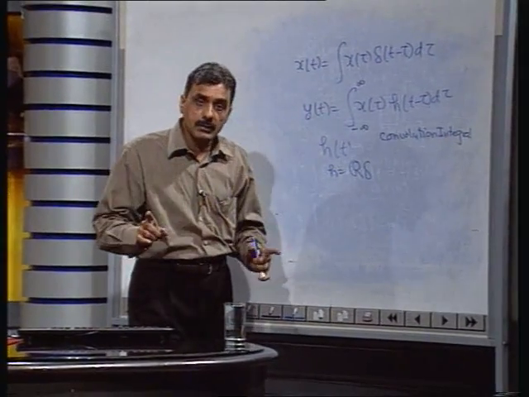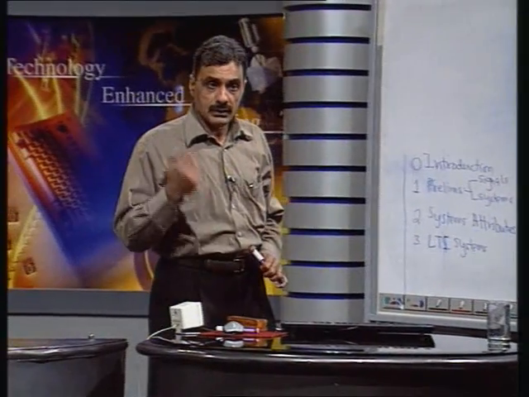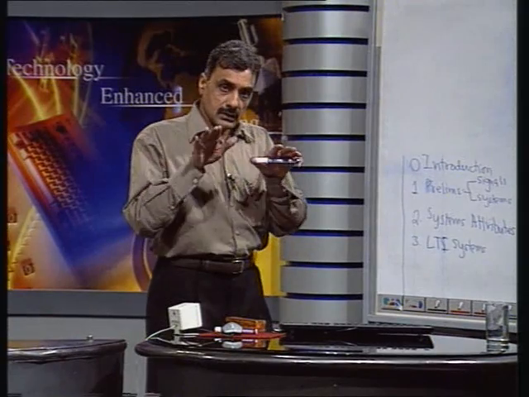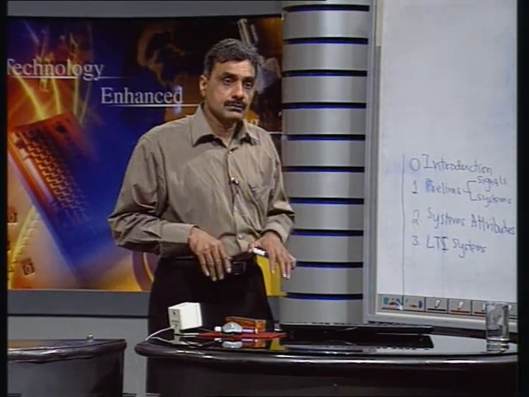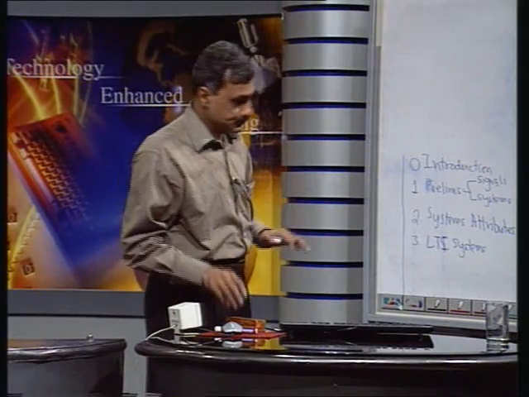This satisfies all the properties. So whatever is applicable there is applicable in the continuous time case also. So this is the time domain characterization of LTI systems, discrete time and continuous time.